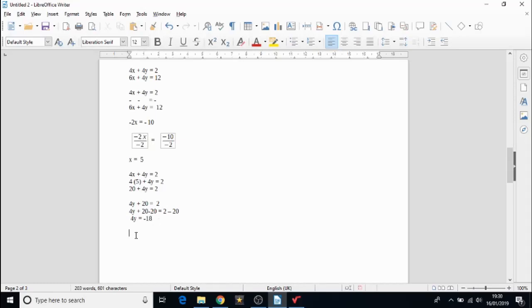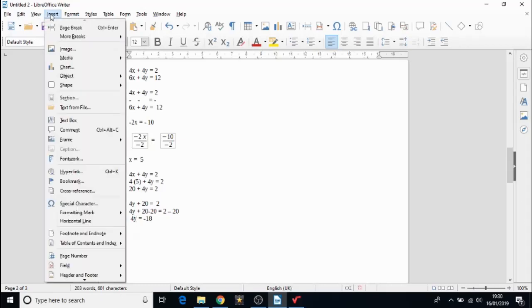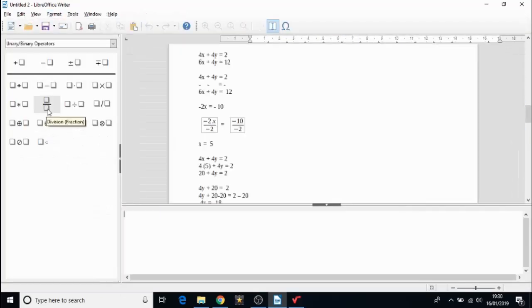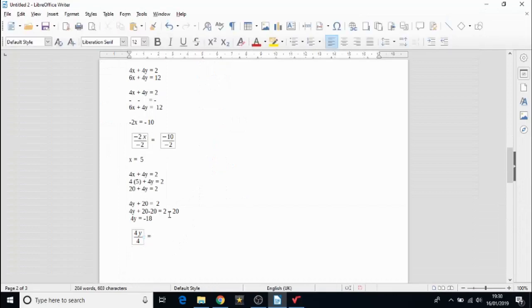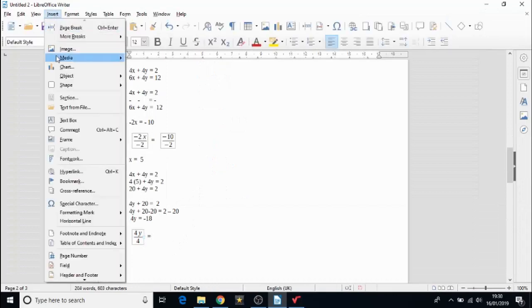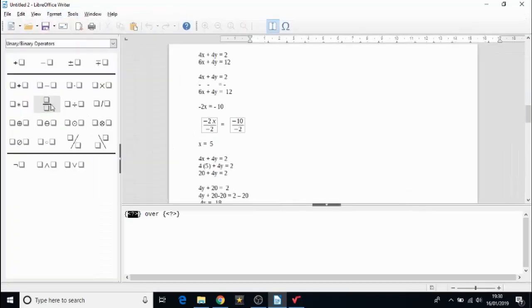And you want to get y on its own. So you want to divide. To get y on its own, you do 4y divided by 4, and minus 18 divided by 4 as well.